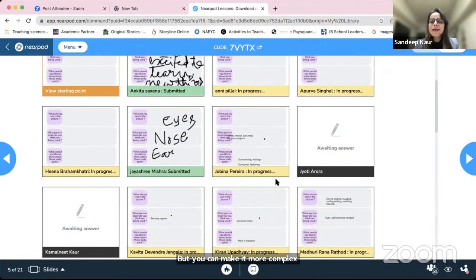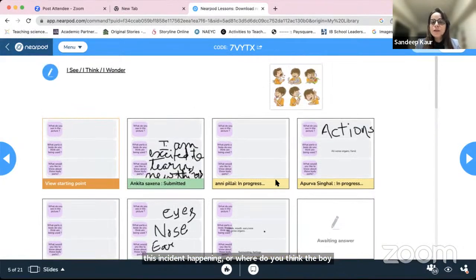And you can have specific questions, like where do you think this incident is happening, where do you think the boy is, what kind of feelings is the boy having. So you can add more specific questions associated with the pictures.